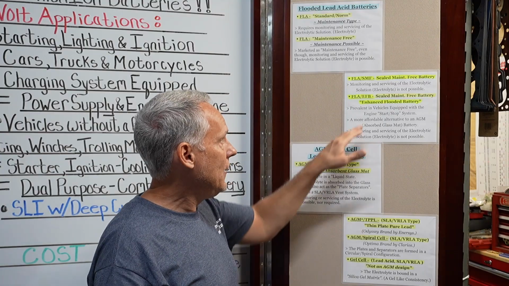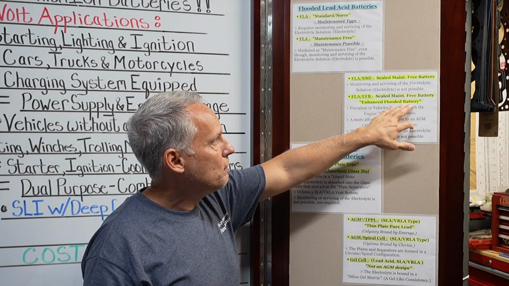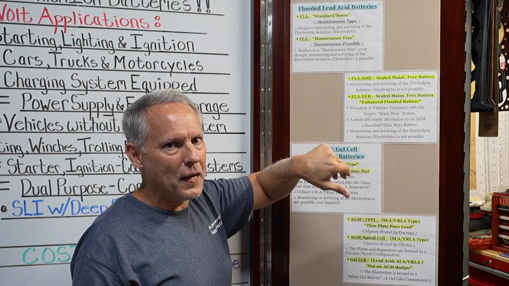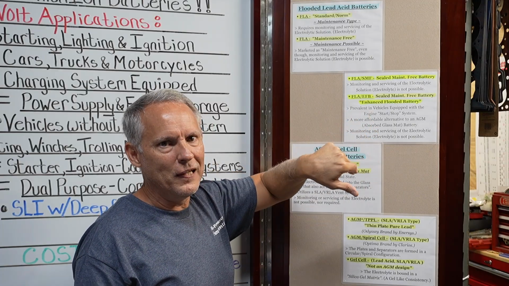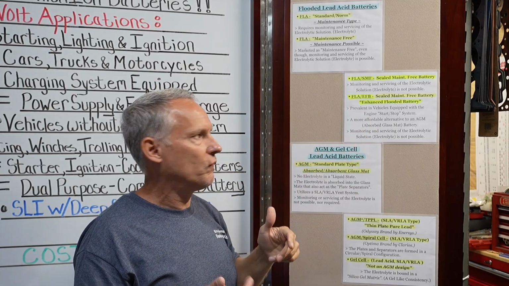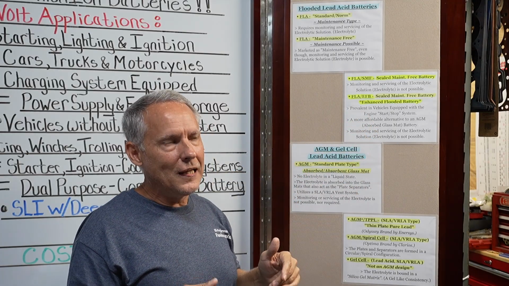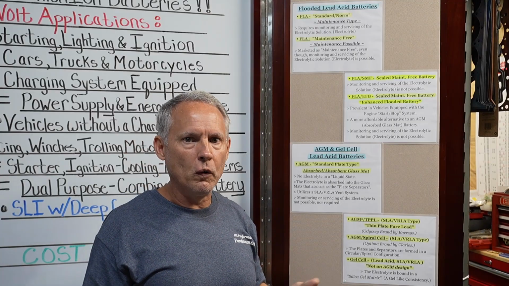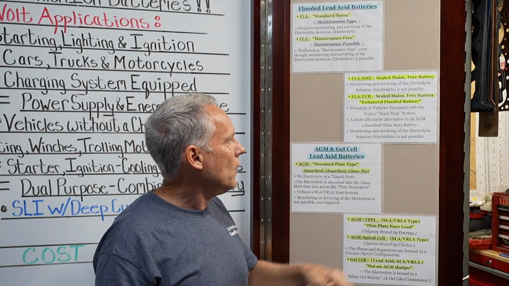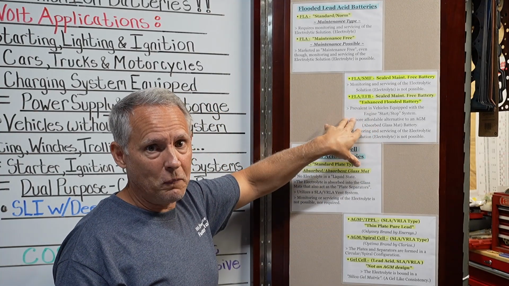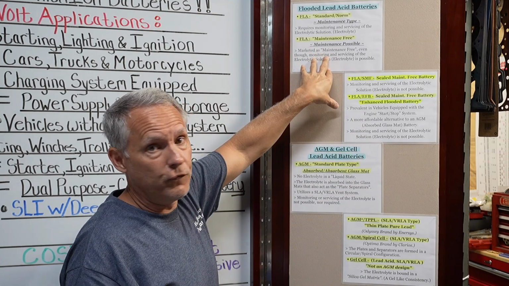Okay, but an EFB, enhanced flooded battery, sometimes called an extended flooded battery. I think it's manufacturer specific. Enhanced flooded battery is what it is. Extended flooded battery, I've seen some manufacturers call it that. Either one, same thing. There is a difference, and it is more expensive than your standard flooded lead acid battery.